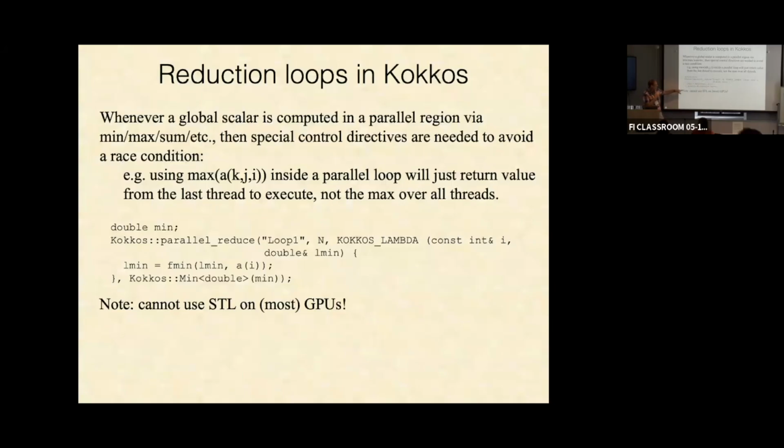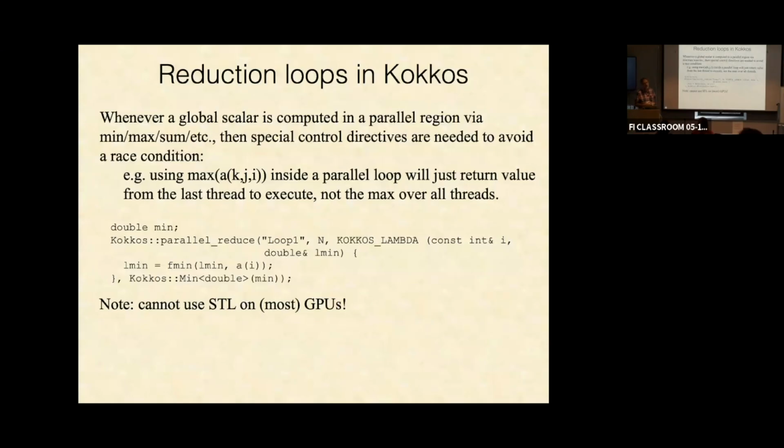Another little gotcha here is if you're looking really closely, you'll notice that this is the C min function. What are you using? This is ancient, dinosaur, right? Well, that's because GPUs don't allow you to use the standard template library on the GPU. You can't use standard max or standard min because the GPU compilers don't know anything about STL.